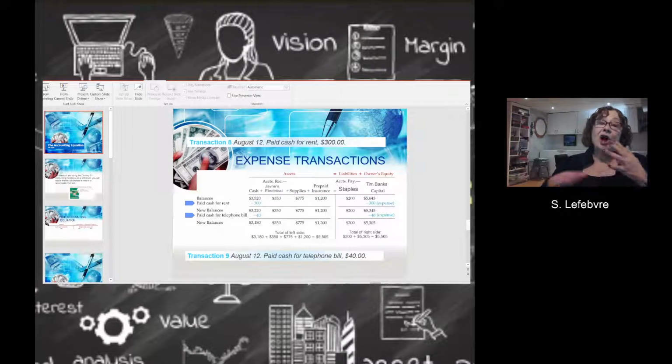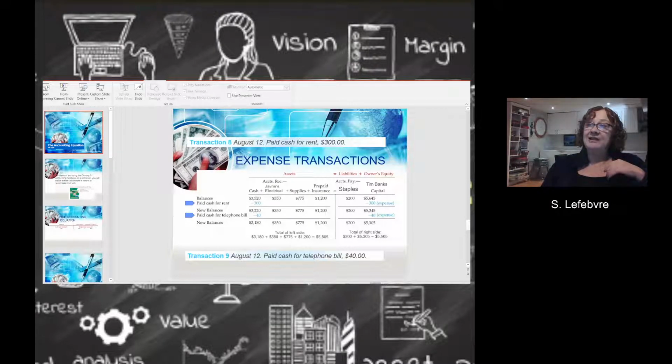Okay, now opposite of revenue are expenses. So expenses are those items that simply are the cost of doing business. So let's see an example of that. Transaction 8 reads, on August 12th, we had to pay cash for our rent.